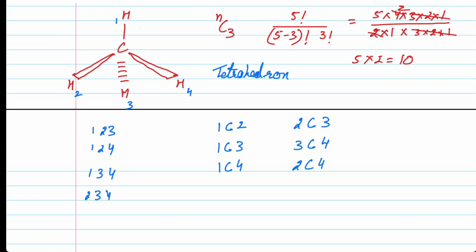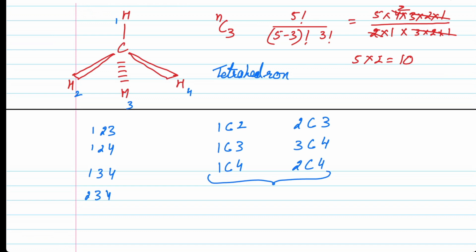So all these combinations are possible, and there are six other planes which are going to be molecular planes. So here we can find that the methane molecule actually has 10 molecular planes.